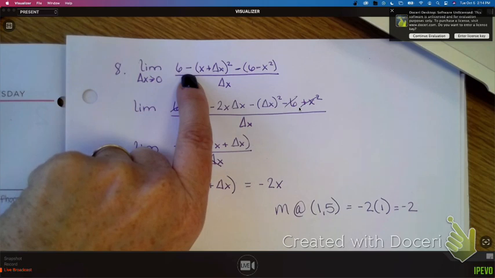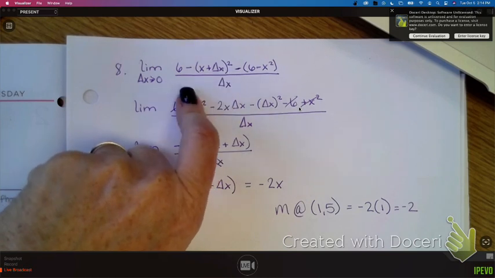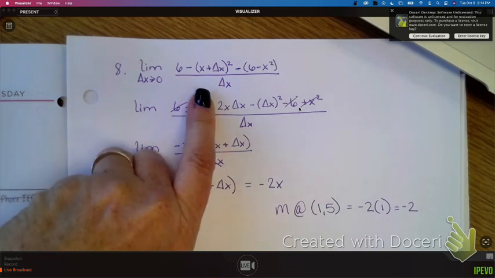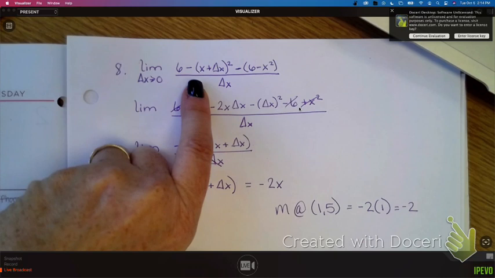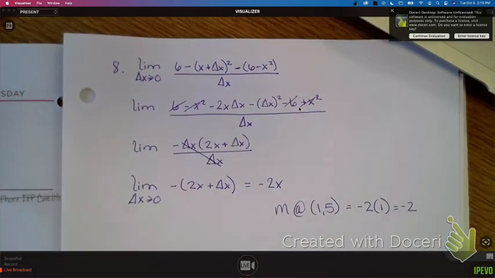When you FOIL it, you get a positive x squared, and then you multiply by negative. Exponents come before multiplication in order of operations, yes? So you have to FOIL first, then distribute the negative. If you don't, you get the wrong answer. So if we have T's, all the x's become t's.